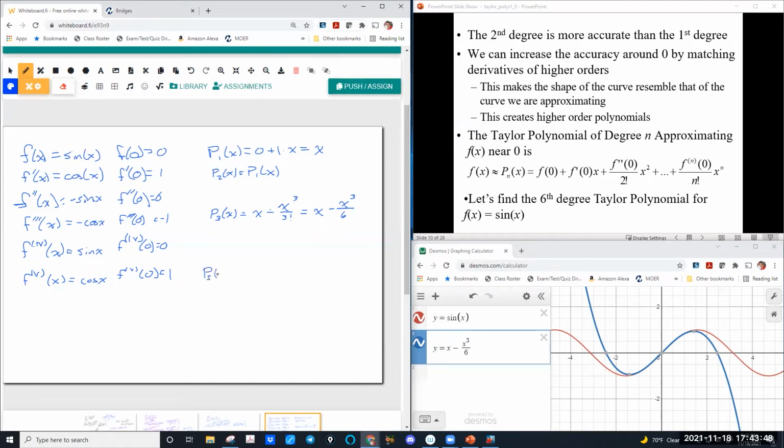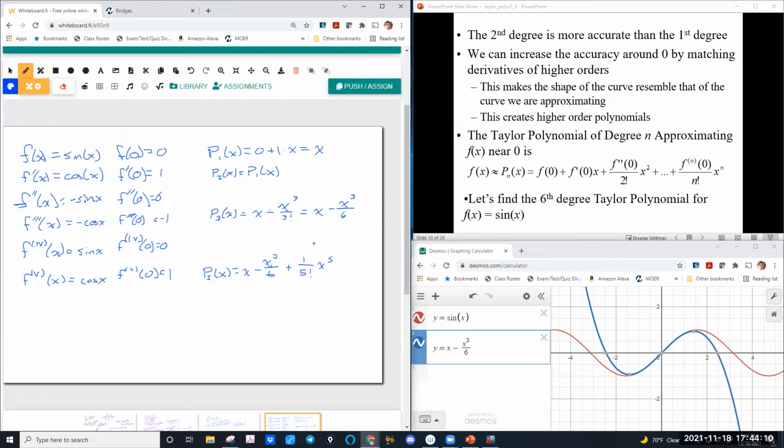So our fifth degree Taylor polynomial, it's our third, which is x minus x cubed over 6, plus this additional term, which is now a +1 over 5 factorial times x to the 5th.